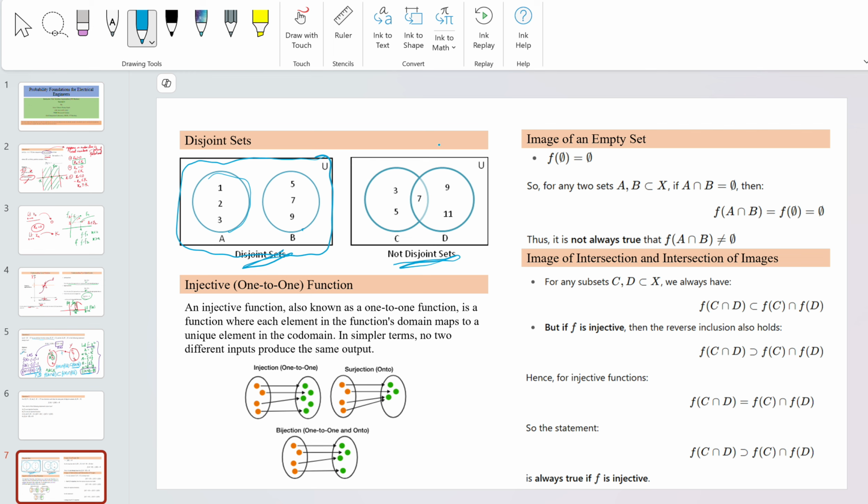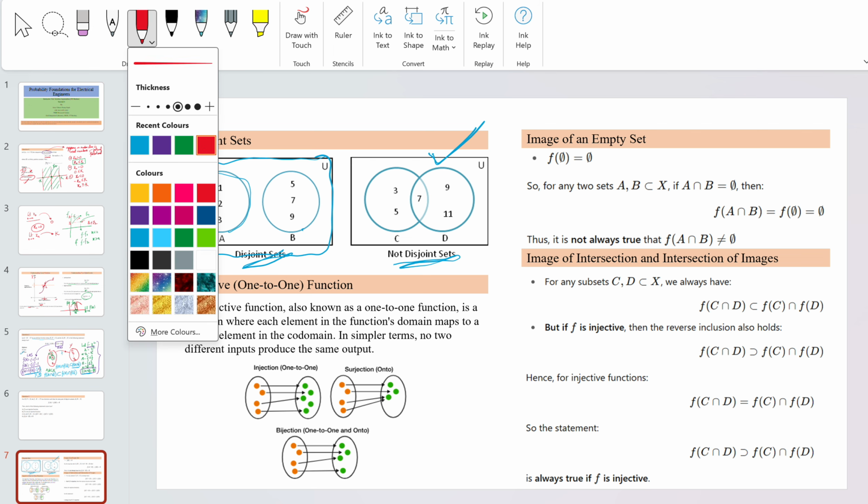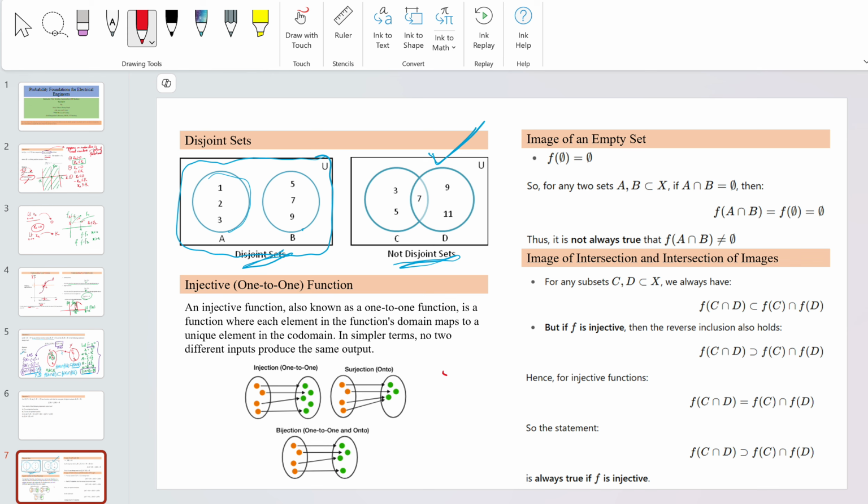Okay, the second concept here is a few functions: injective function (one to one), surjective function, and bijective function. When you see an injective, one to one function, it means that if we have a set x which has the elements x1, x2, x3, and x4, these are the four elements in the set x.